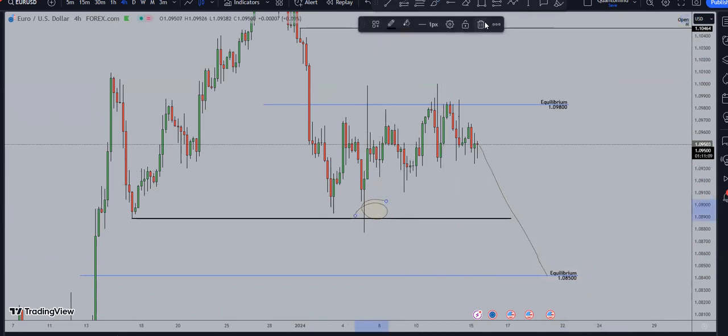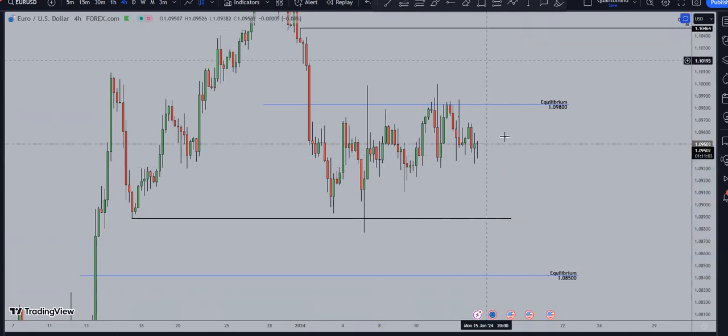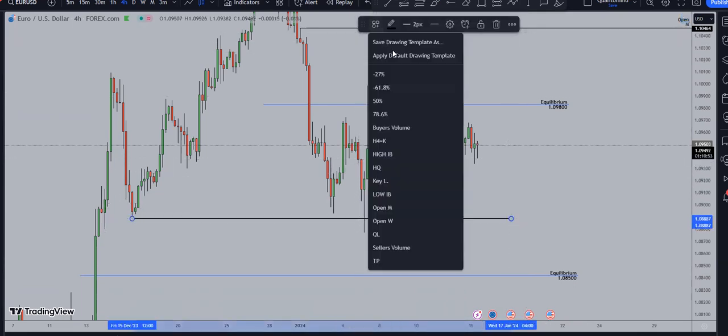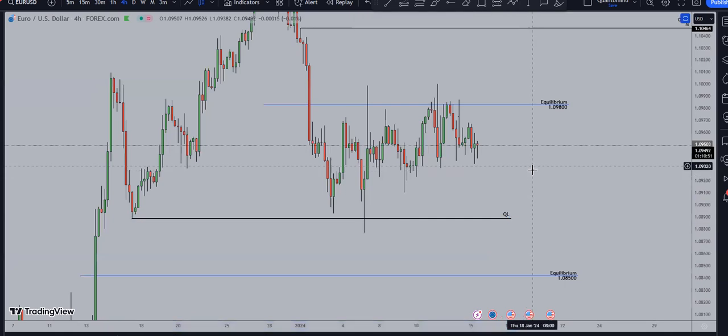So knowing that information, I can start looking for a position here on lower time frames, right? Something that's gonna give me a better understanding that yes, this is the right move. But in the meantime, just waiting for it to develop.